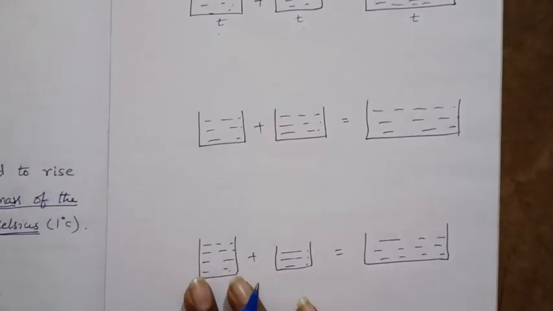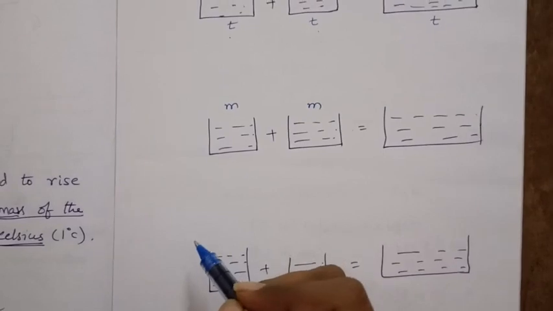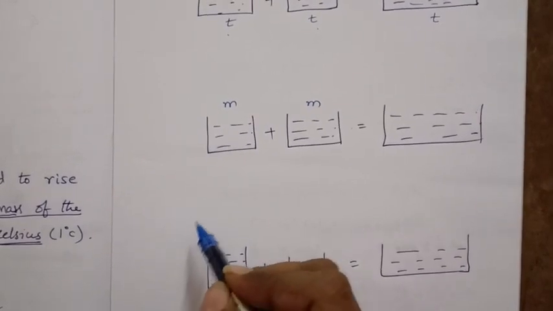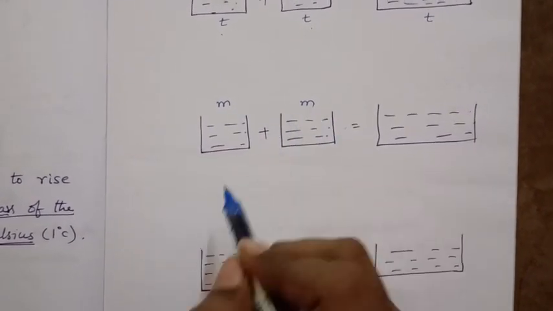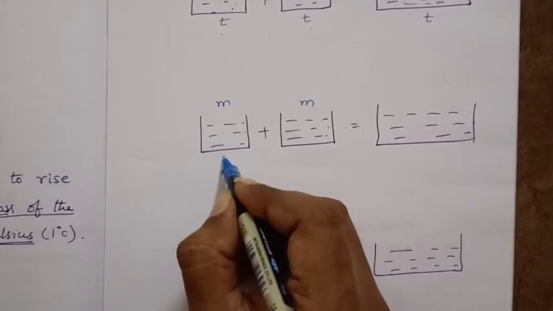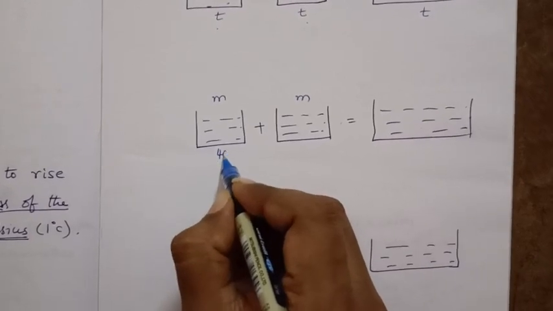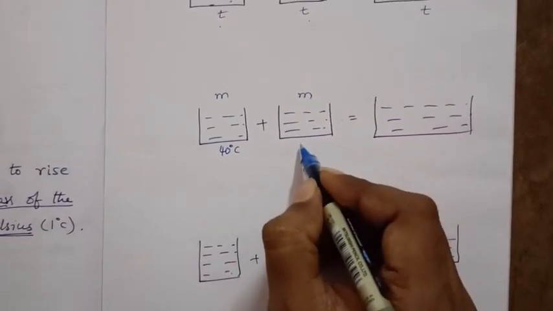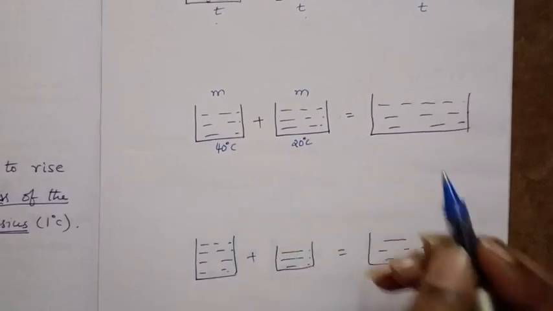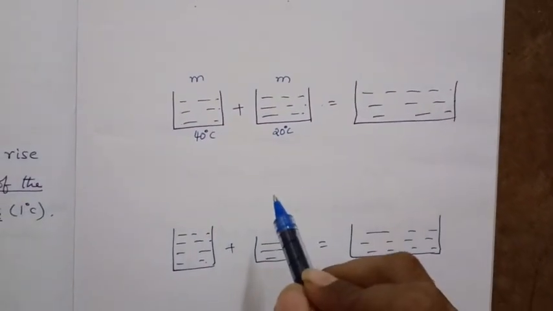Suppose you take two same liquids of equal masses, where the first liquid temperature is 40 degrees Celsius and the second liquid temperature is 20 degrees Celsius, and they are mixed.